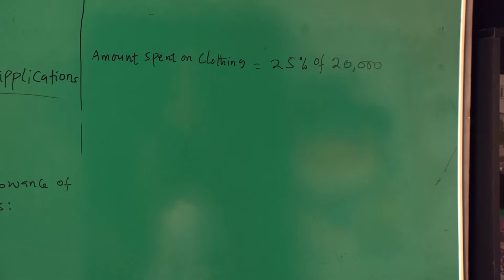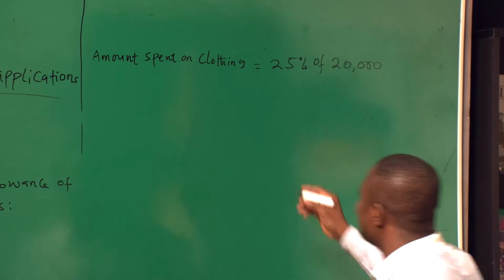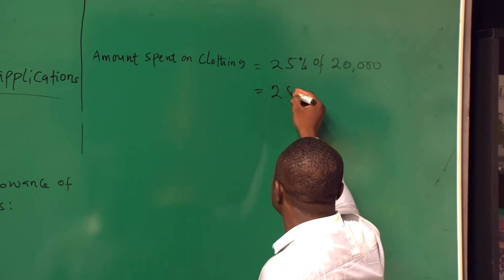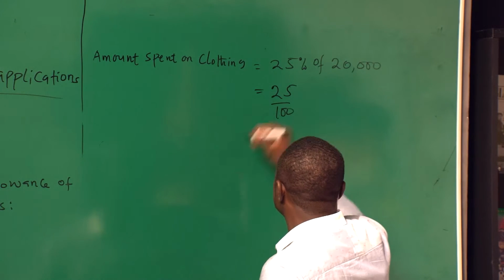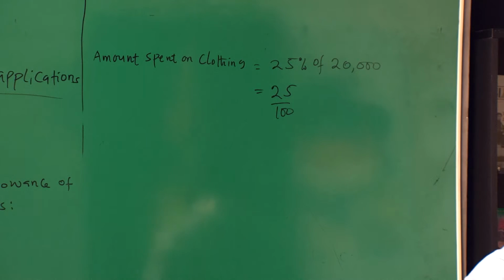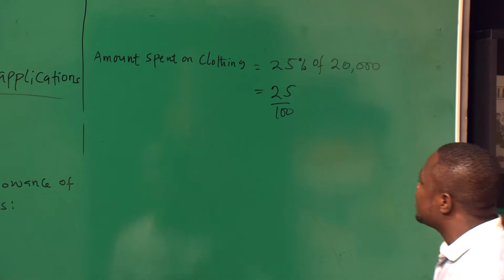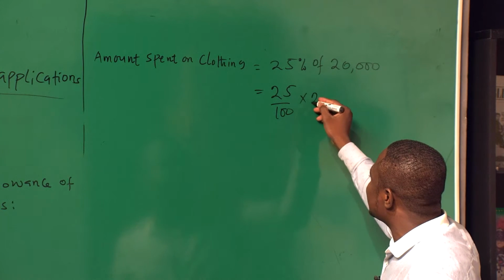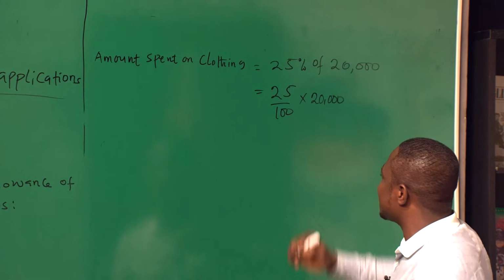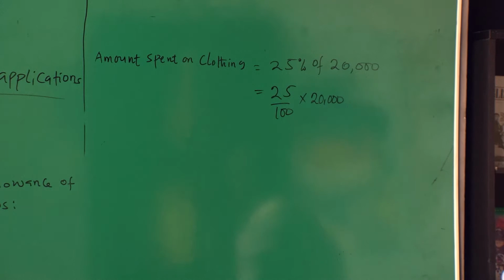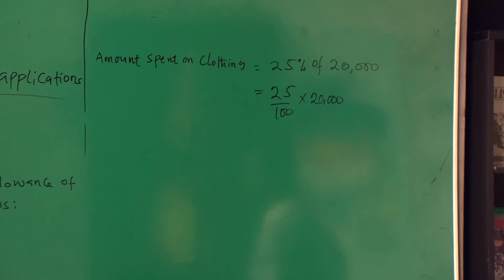So I'm actually looking for that one. So this gives us 25/100. Are you okay? That is 25%. Then you multiply that by 20,000. But as Razak has said, 25/100 stands for 1/4.